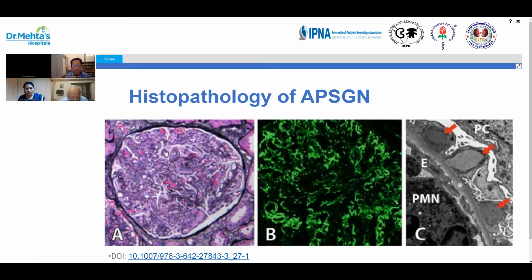In the second slide, there is a typical starry sky picture, the deposition of complement C3. There is also deposition of a small amount of IgG and IgM. And the typical finding in EM, as you can see, is the subepithelial hump, which is the typical finding of post-streptococcal glomerulonephritis.